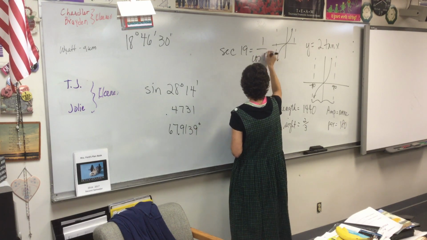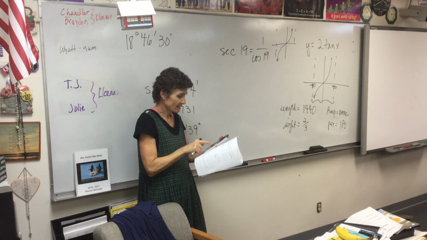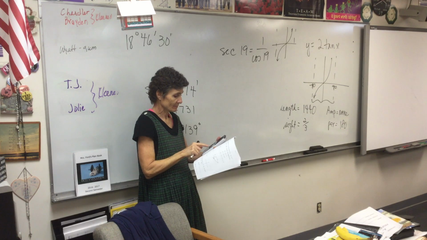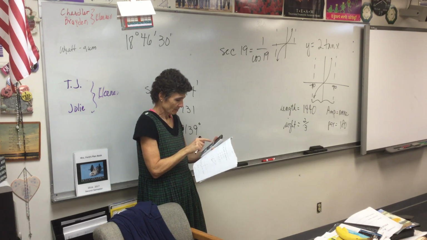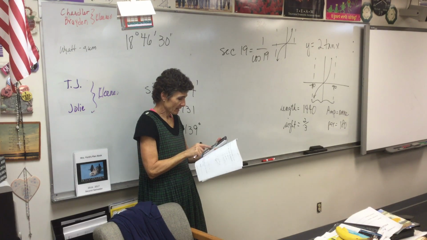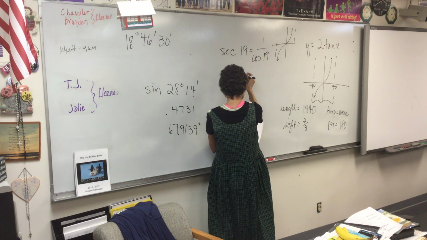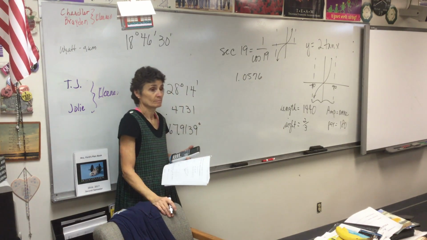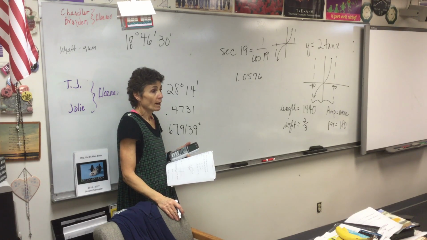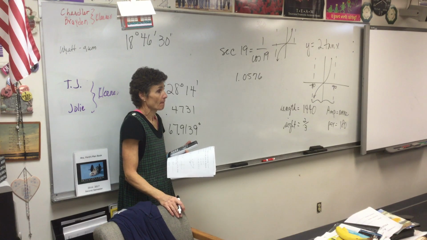Very good. 1 divided by cosine 19, and you should get 1.0576.